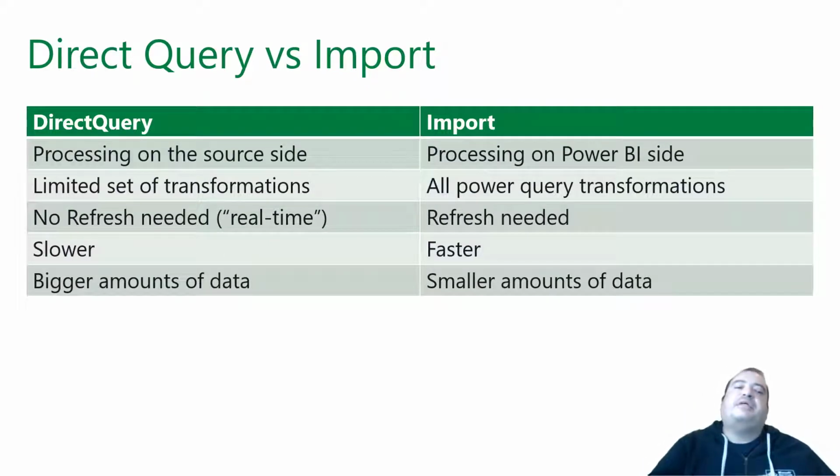And DirectQuery usually is used for bigger amounts of data. When we have huge amounts of data and we don't want to move that amount to the Power BI side, we use DirectQuery. When we have small amounts of data that will perform better if brought to Power BI memory, we use import.